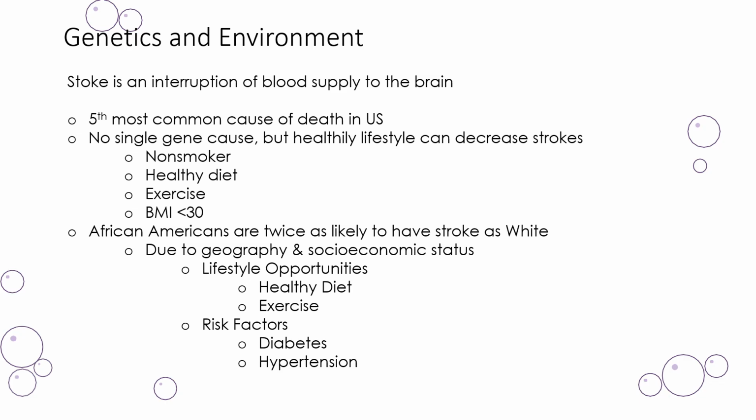So if an African American client has already developed diabetes or hypertension, that is even a greater risk factor, and so we really want to encourage and educate them on maintaining glycemic control and maintaining an adequate blood pressure.